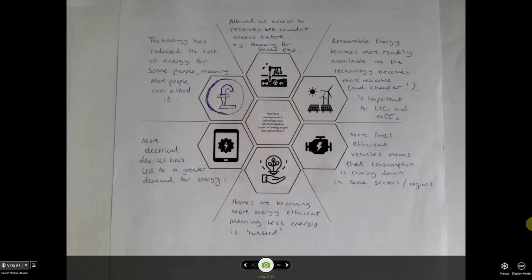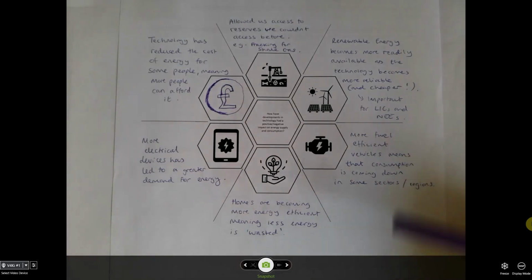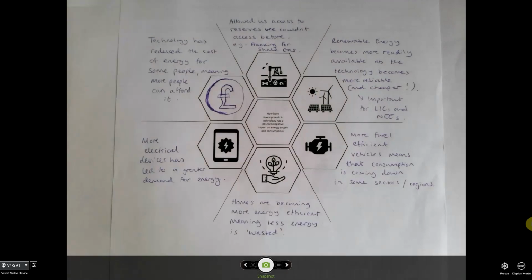The other form of technology that's improved and developed significantly over the past 20 years or so is the technology related to renewable energy. So whether that's offshore wind farms or solar panels, this renewable energy has become more readily available as that technology has become more reliable, and also as that technology has become cheaper.